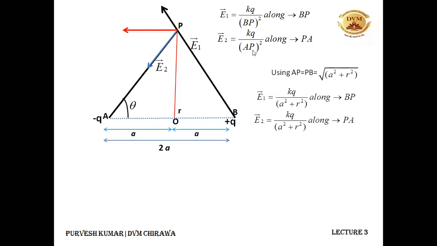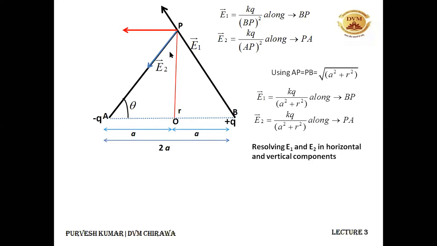Again, in place of AP, I can write the root of A square plus R square, and when you take the square, the root vanishes, and it becomes KQ upon A square plus R square. Now we have the magnitude of both E1 and E2, that is KQ upon A square plus R square. The direction of E1 is along BP, and the direction of E2 is along PA.